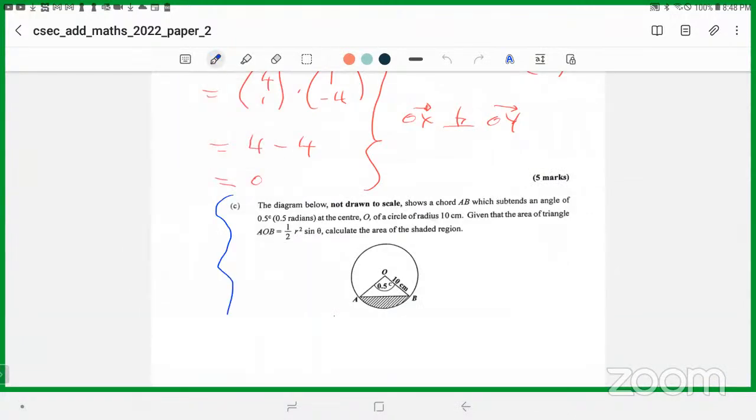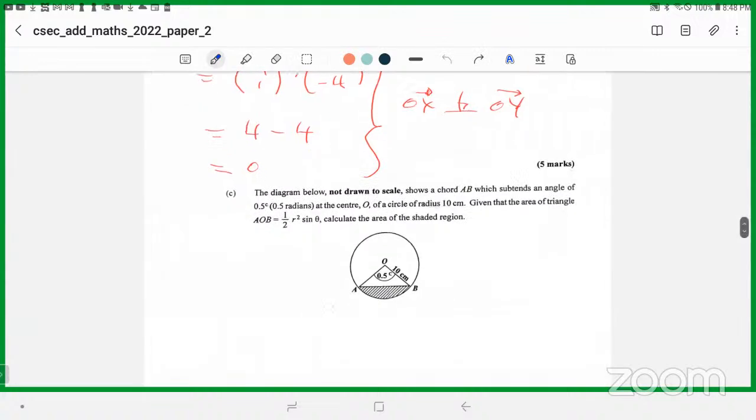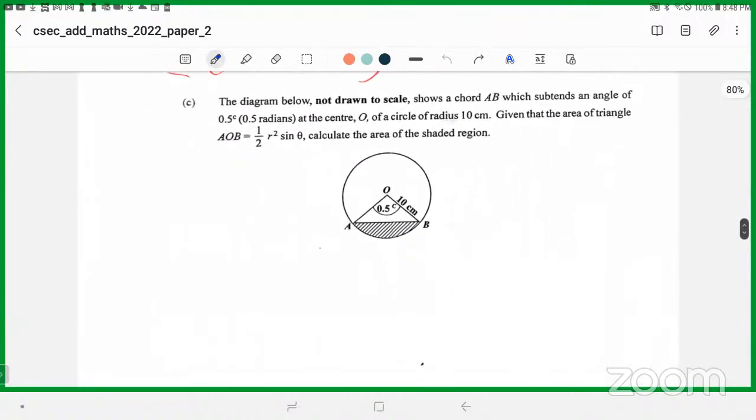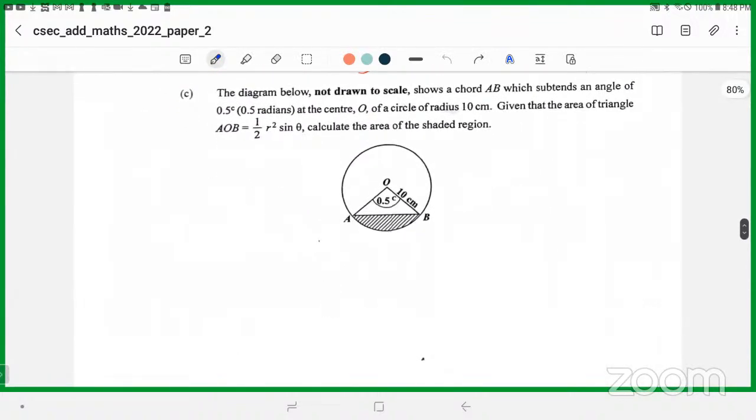This one says the diagram below, not drawn to scale, shows a chord AB which subtends an angle of 0.5 radians at the center of the circle, so the sector angle there is 0.5 radians, and the radius is 10.